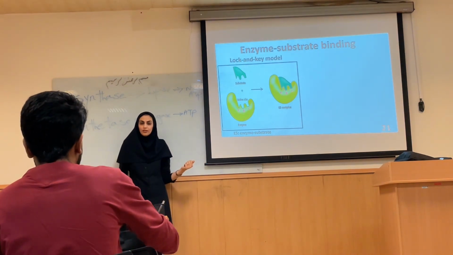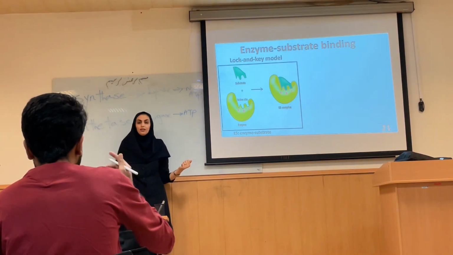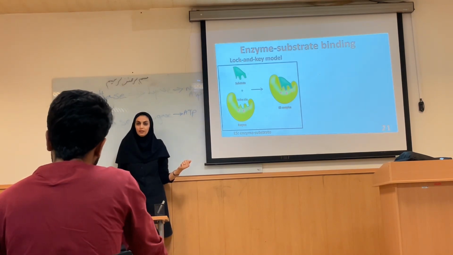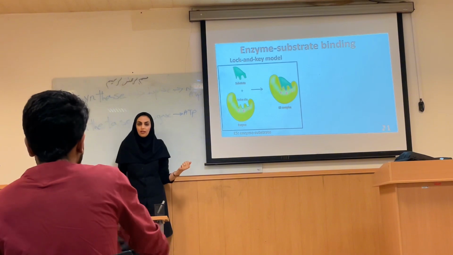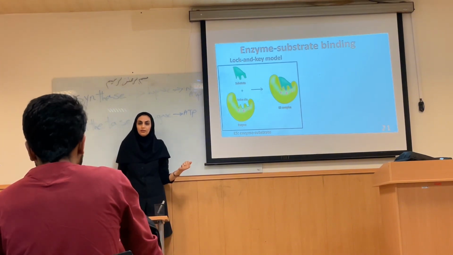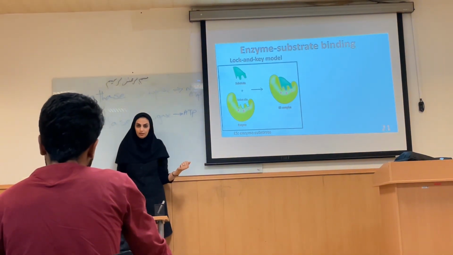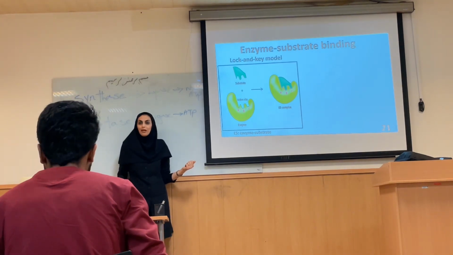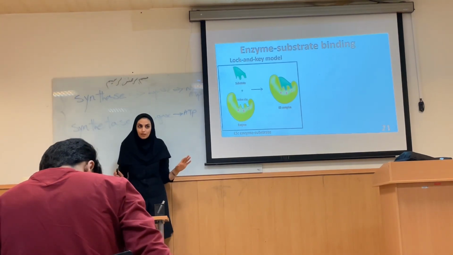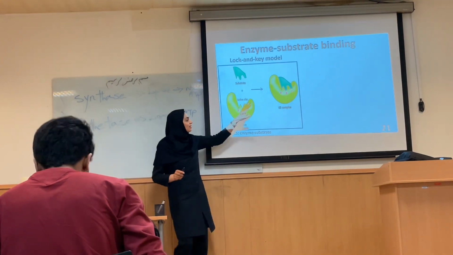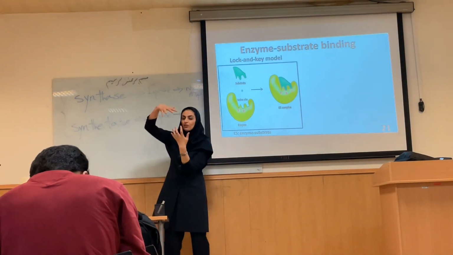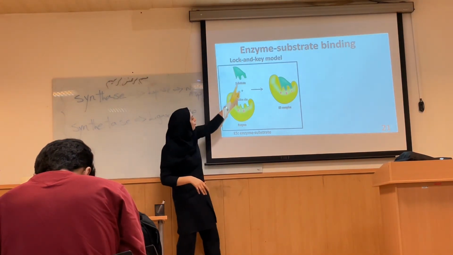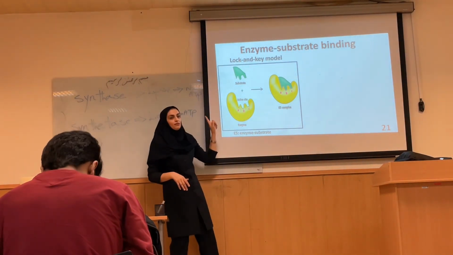The enzyme acts as a lock, and the substrate acts as the key, because the key will only fit in a specific lock. So when it attaches, it's called the enzyme-substrate complex. Did you guys get the point, or should I explain more? The enzyme is a lock and the substrate is the key. This is completely fitted to the active site.